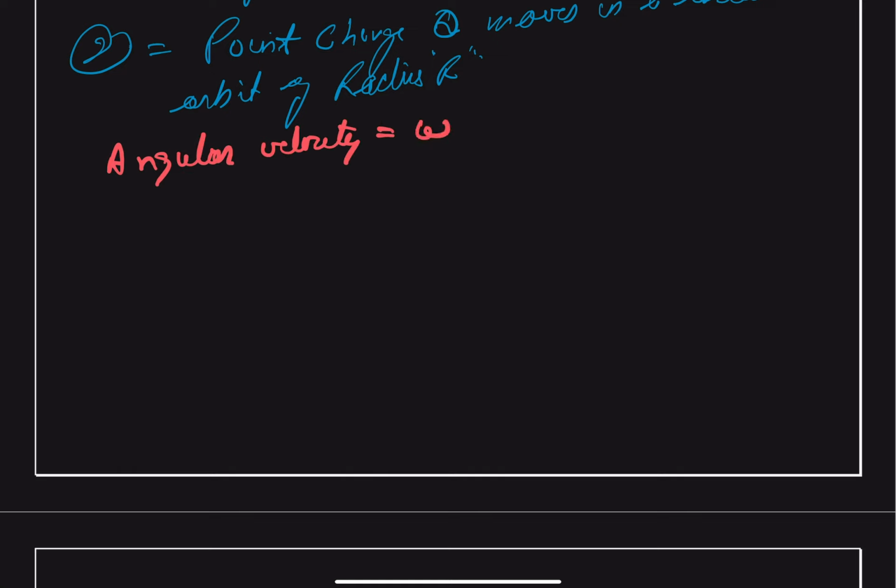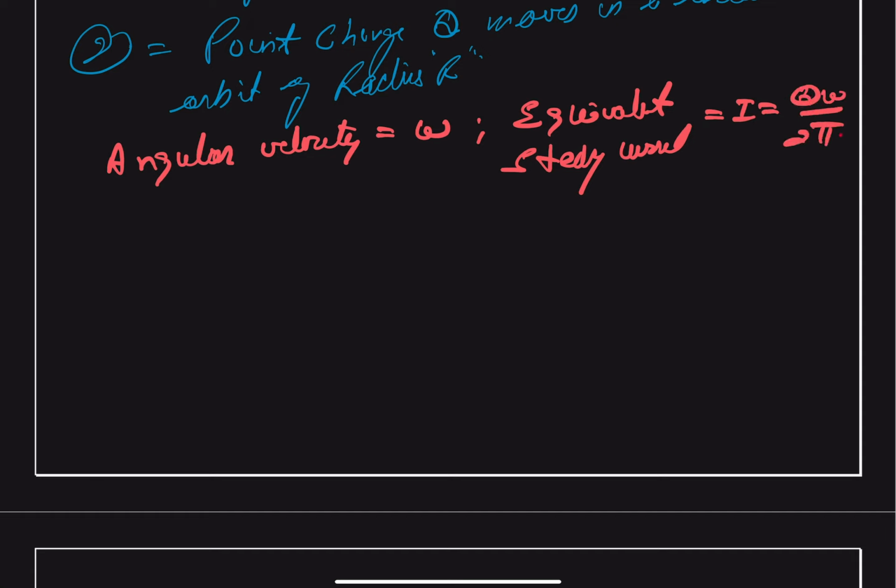The important part is the equivalent steady current. If we represent it as I, then I is equal to q omega upon 2 pi.